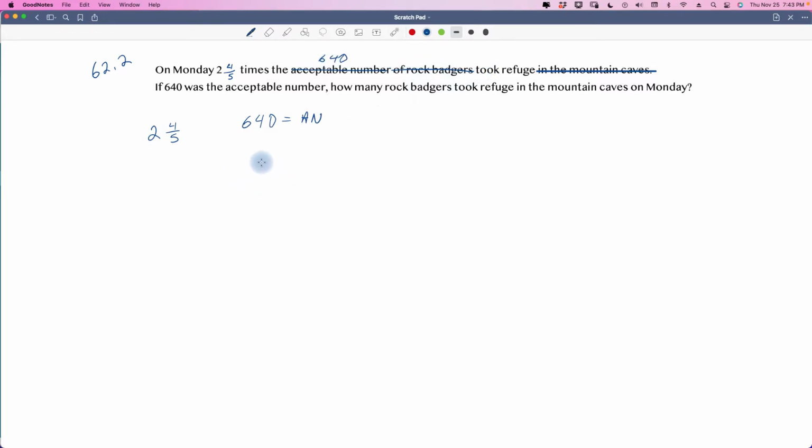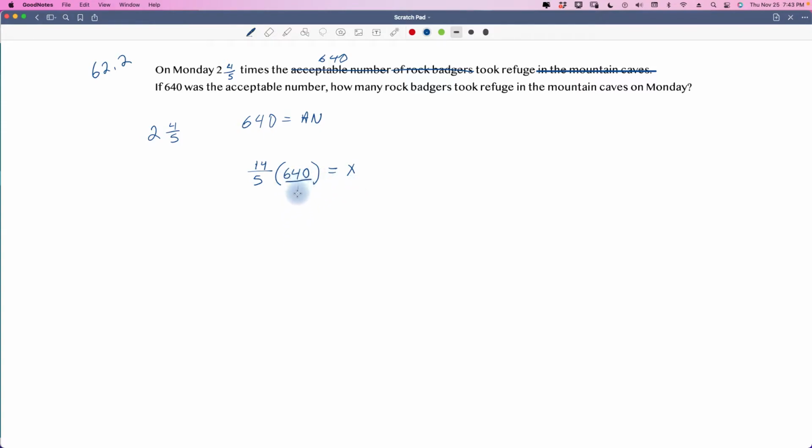That's going to be our formula. So 2 4/5. I hate to write that mixed number, so I'm not going to. 2 times 5 is 10, plus 4 is 14 over 5. 14 over 5 times 640 equals x. That's going to be our problem right here.